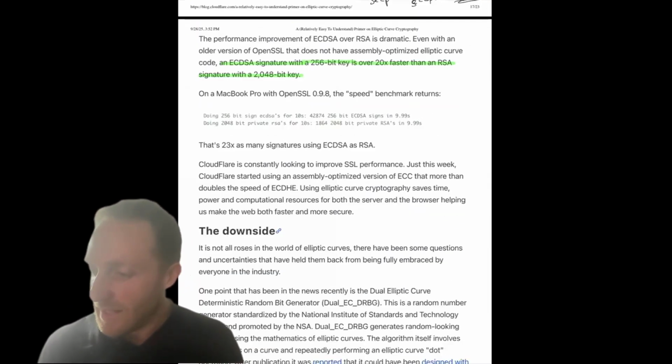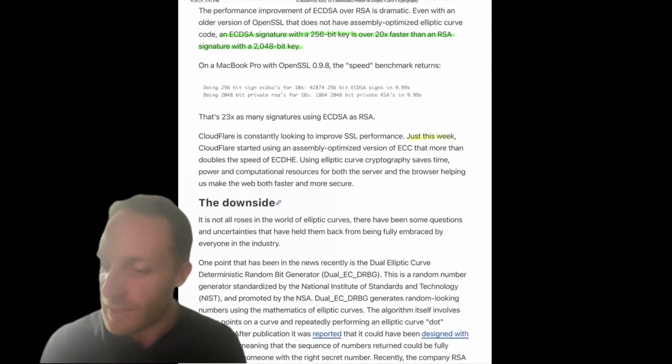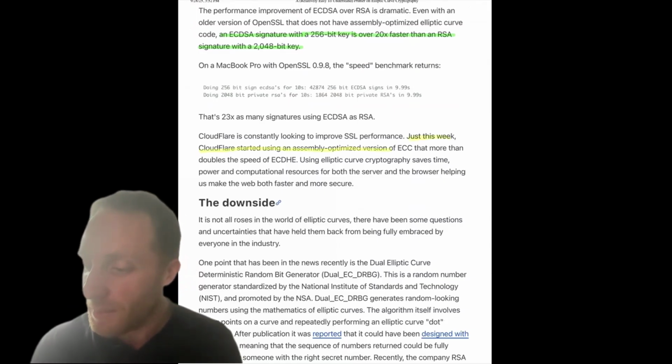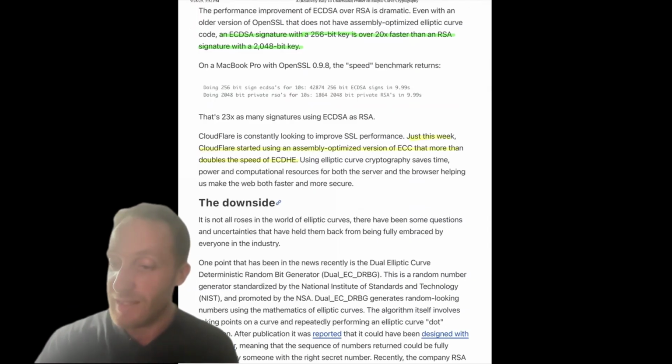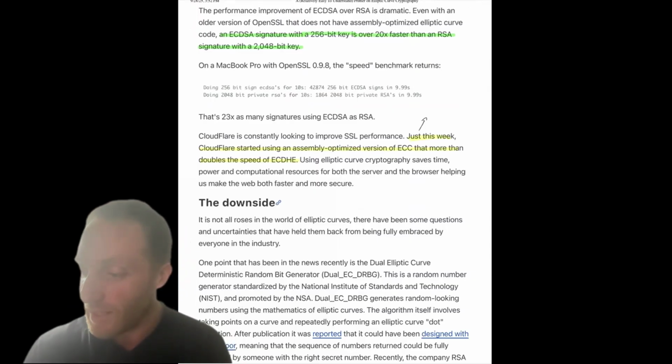There's also a very fun fact here: just this week, I guess this was in 2013, Cloudflare started using an assembly optimized version of ECC that more than doubles the speed of ECDHE, the Diffie-Hellman key exchange. They did this by actually forking Go, which is crazy.